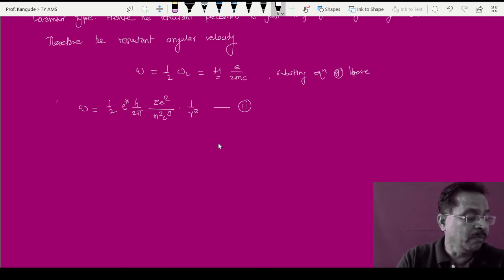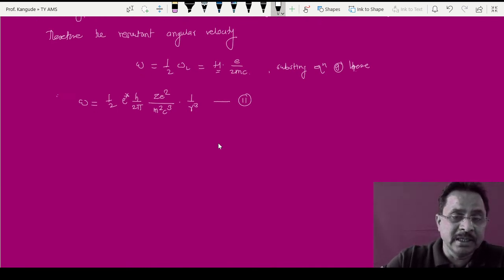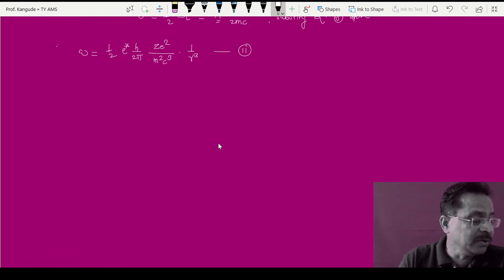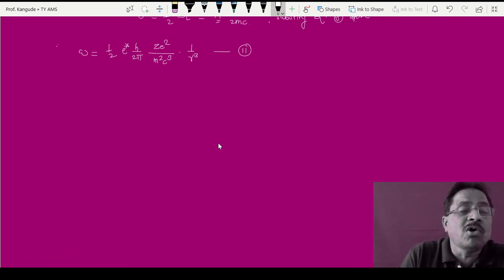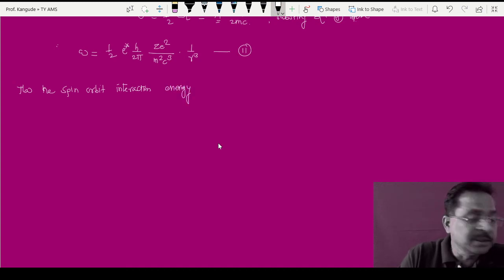Okay, now one more quantum mechanical condition we are using here. Now the spin orbit interaction energy. The symbol used for that is delta WLS.